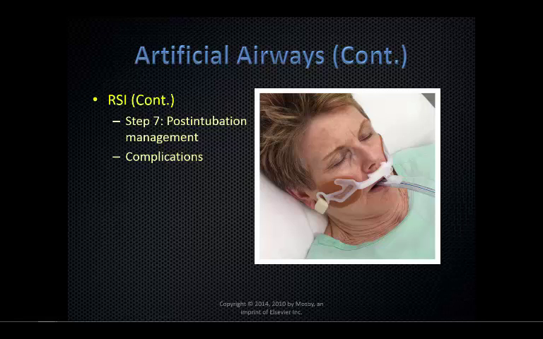Hypoxemia and hypercapnia can also occur, and then you can develop bradycardias, tachycardias, and other dysrhythmias, as well as hypertension and hypotension. One of the things that we monitor for post-intubation is ET tube placement, so we're going to be evaluating the breath sounds at regular intervals to ensure that the tube remains placed correctly.